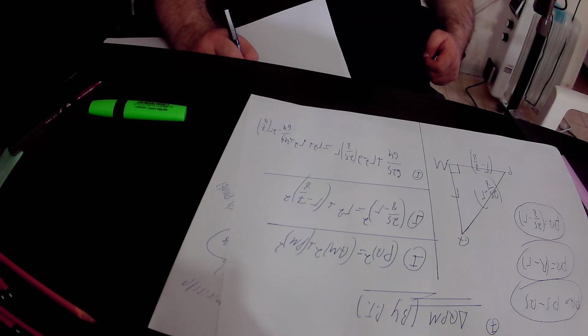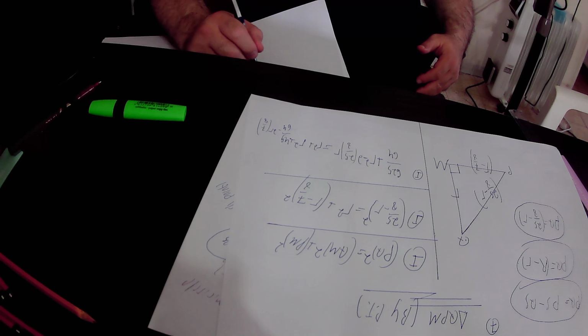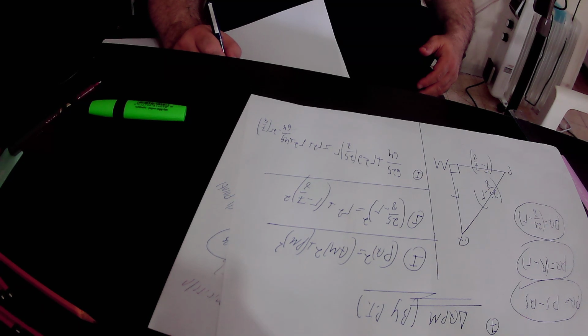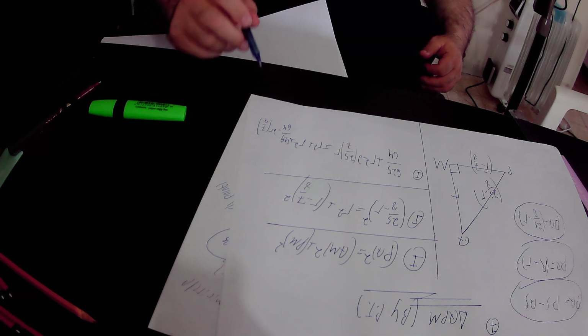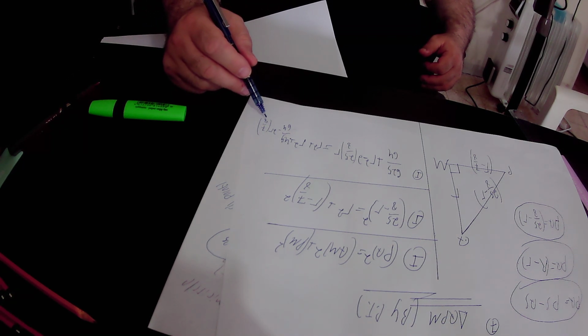On the other side of equation number 1, we have R squared plus R squared plus 49 over 64. Here we have minus 2R times 7 over 8.